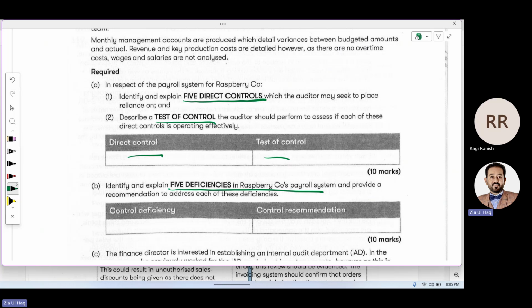Like here, you need to write down control, and against each control, you need to write down its test of control. So let's read the scenario. We need to identify the controls that are working in the organization, and we need to identify deficiencies as well. Which are you going to do first, A or B? A, okay.